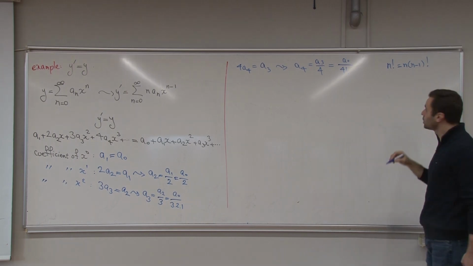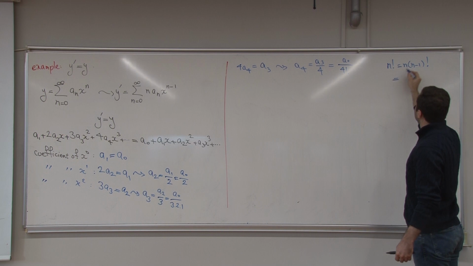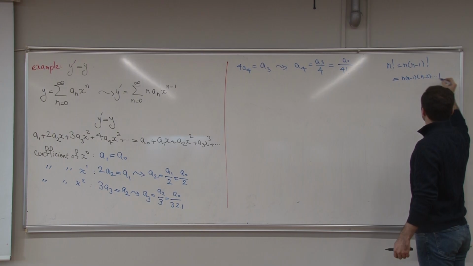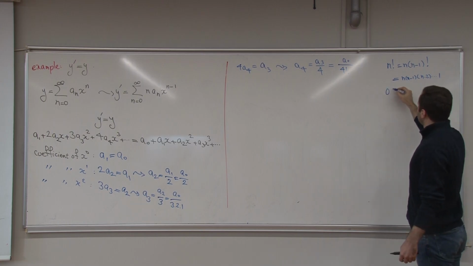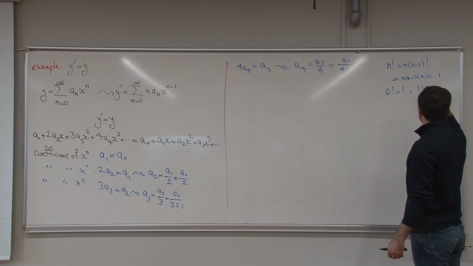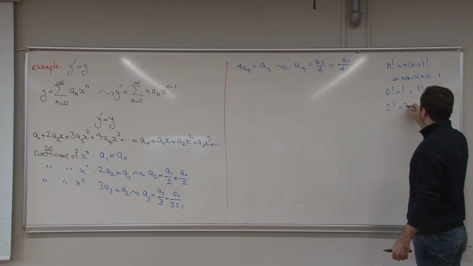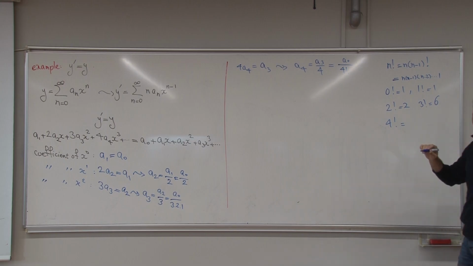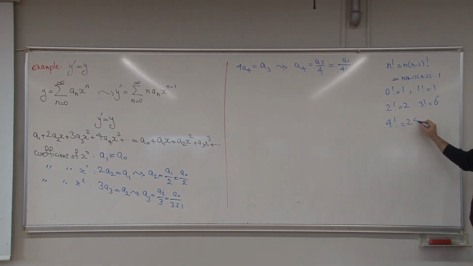It is defined recursively, which means that you need to have n minus 1, n minus 2, up to 1, and you multiply all of these things. 0 factorial is 1, 1 factorial is 1, 2 factorial is 2 times 1, which is 2, 3 factorial is 3 times 2 times 1, which is 6. 4 factorial is 4 times 6. 5 factorial is 5 times 4 factorial, which is 120, and so on. Okay?